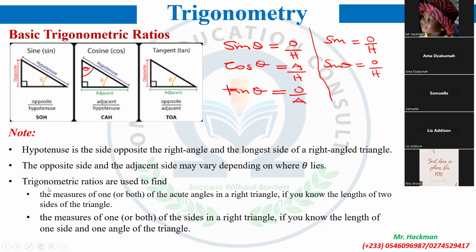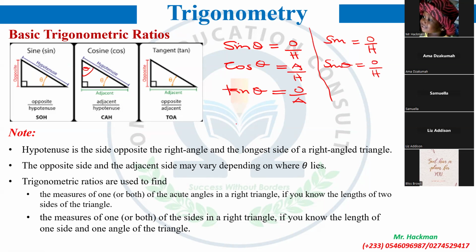Then the last one: trig ratios are used to find the measures of one or both of the acute angles in a right-angled triangle, or a right triangle for short, if you know the length of two sides of the triangle.